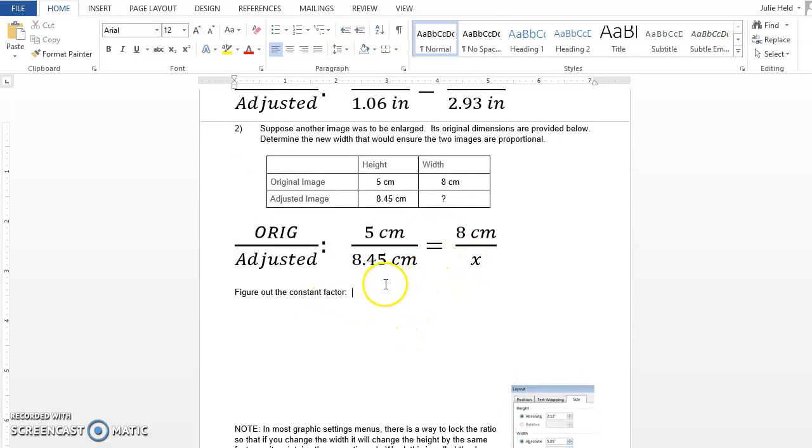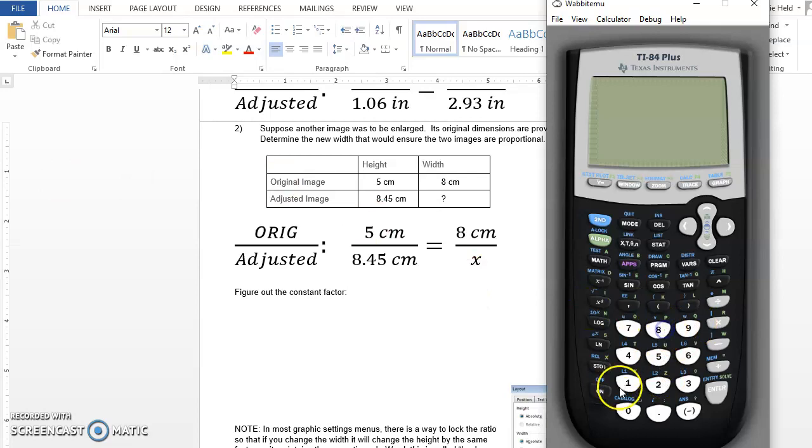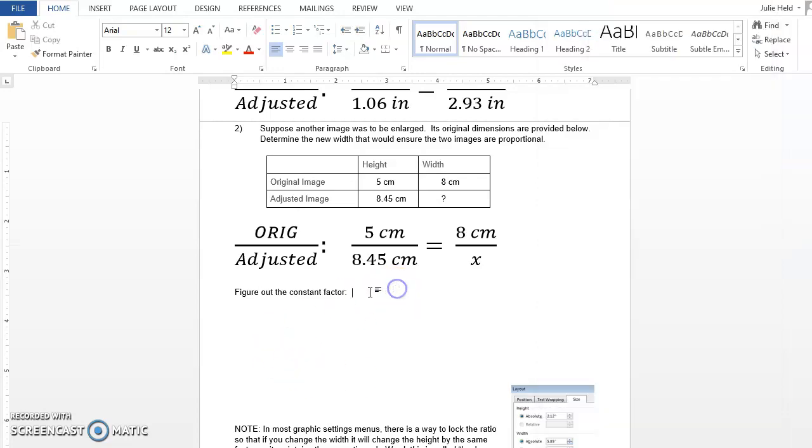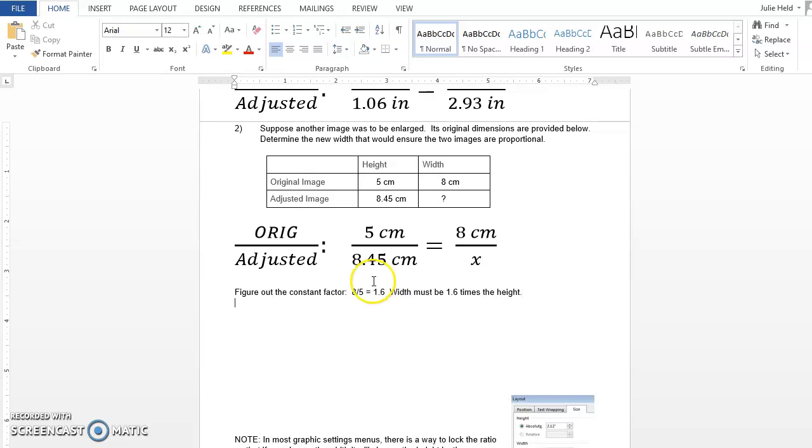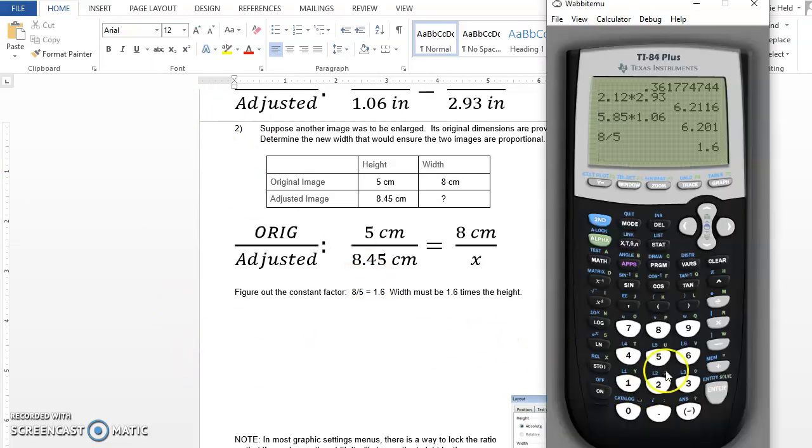So I could do that here. 8 divided by 5 is 1.6. So the width must be 1.6 times the height. That means I'll just take 8.45 times 1.6.